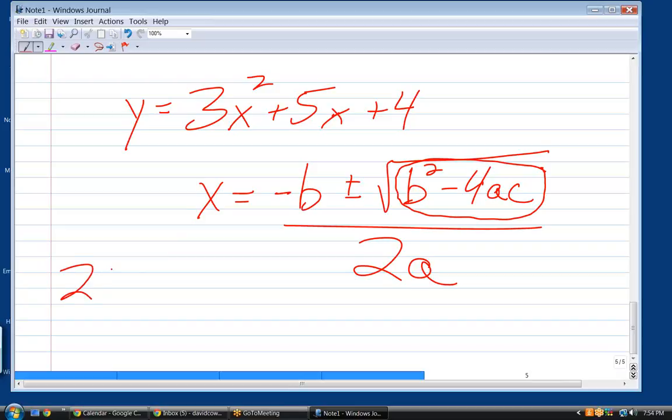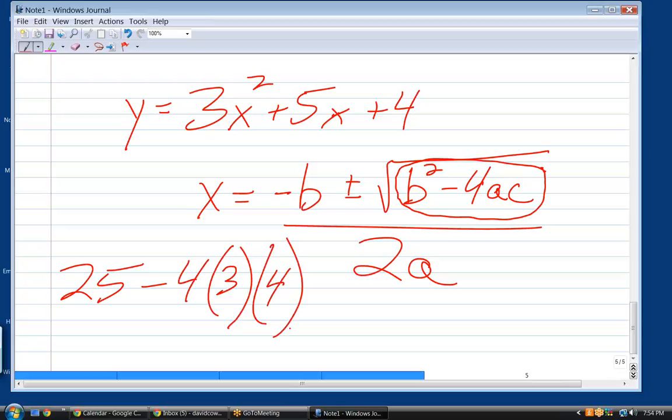So b squared is 25 minus 4 times a, which is what? 3. And c is what? 4. Is that a positive or a negative number? Negative. Means we have 2 complex solutions.